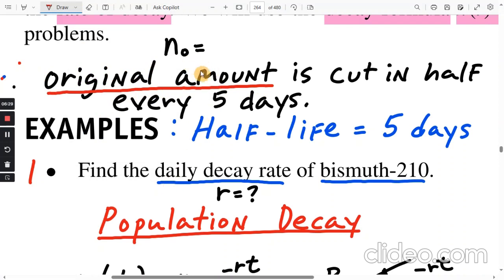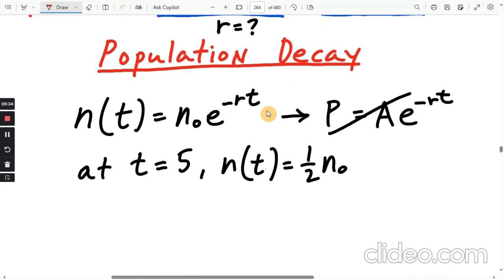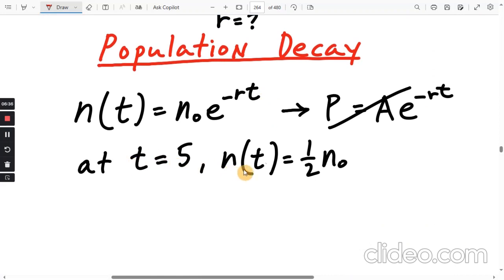The original amount is cut in half every 5 days. So at t equals 5, the original amount, which is N sub 0, is going to be cut in half. So N of t equals half of N sub 0.